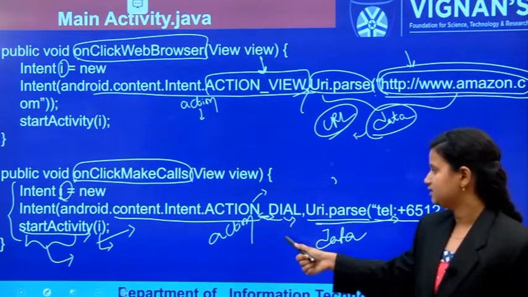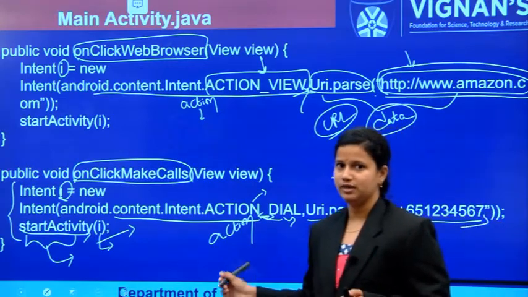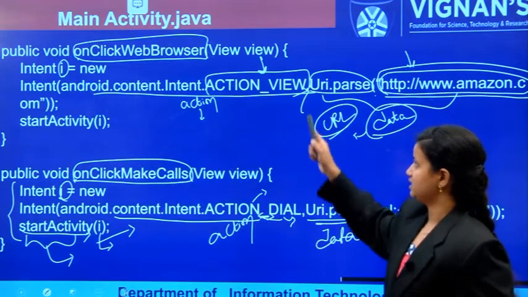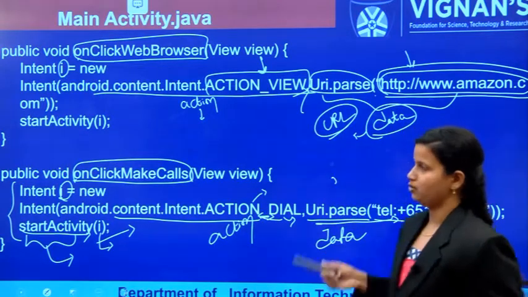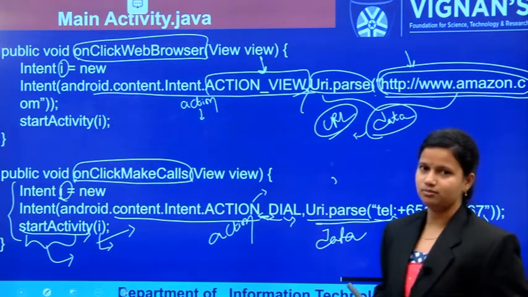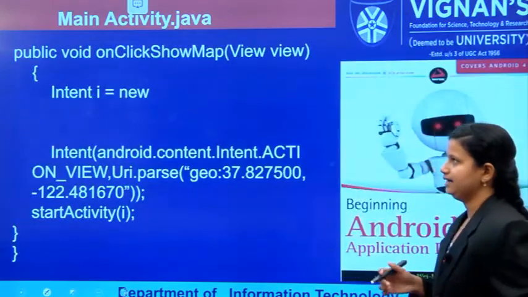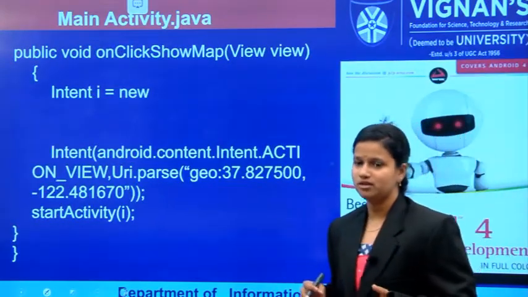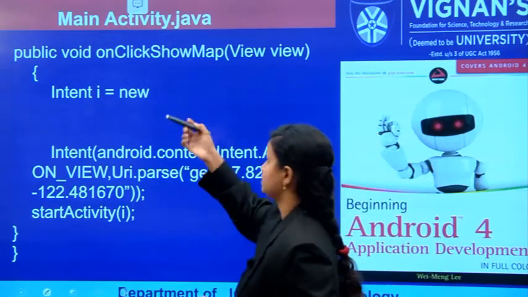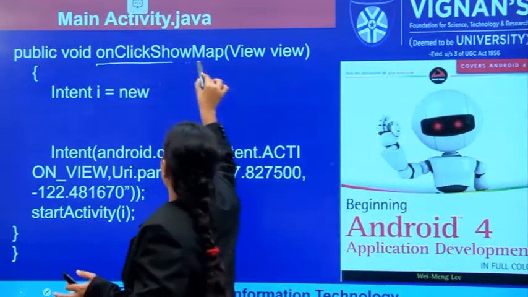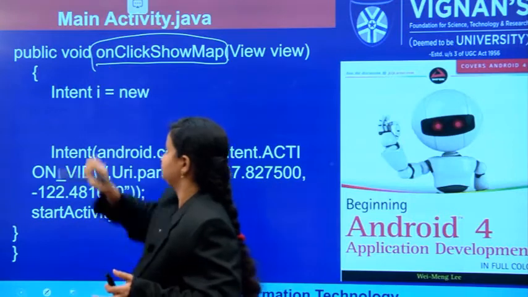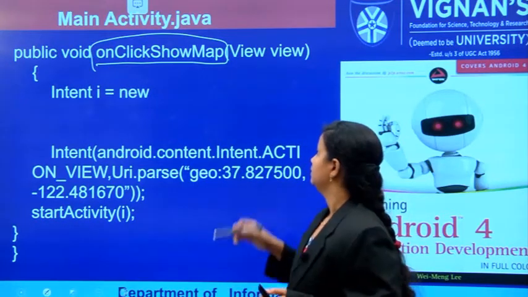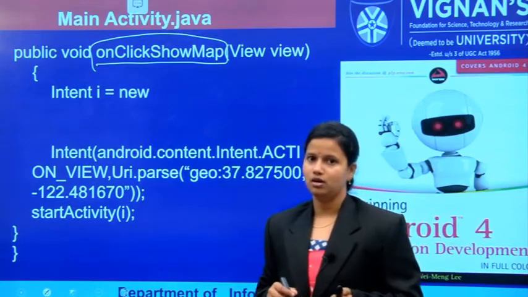So here the action is ACTION_DIAL. And here the action is ACTION_VIEW of the corresponding website or URL. Let us see the third button. What method are we calling? It is onClickShowMap.